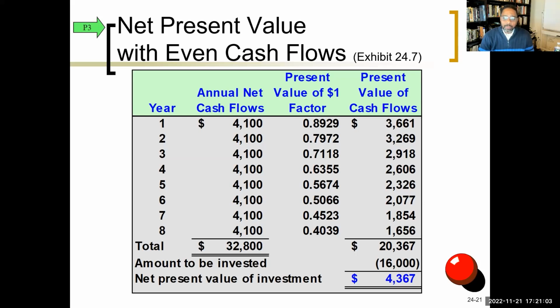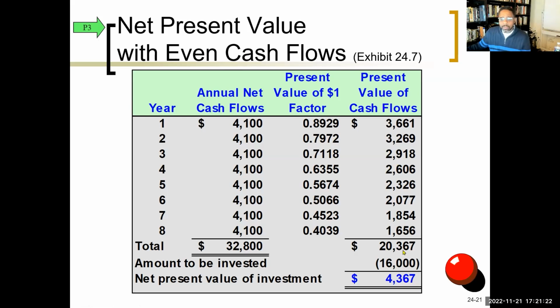What is $4,100 due in 2 years at 12% interest rate worth today? It's worth $3,269. What is $4,100 in 3 years at a 12% interest rate worth today? It's worth $2,918, and so on and so forth.